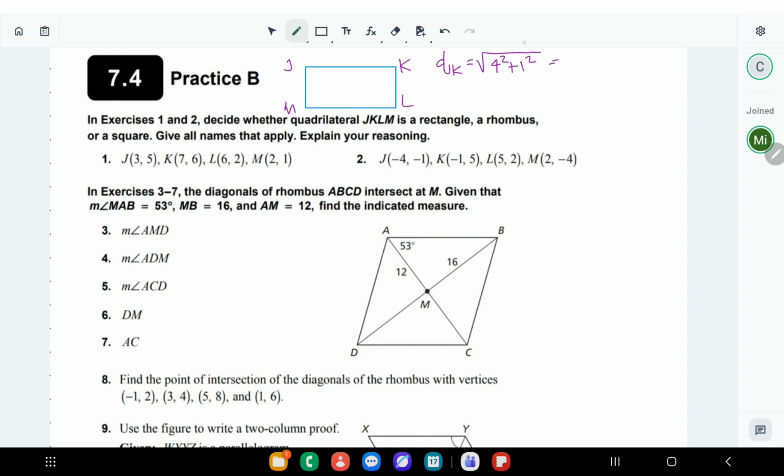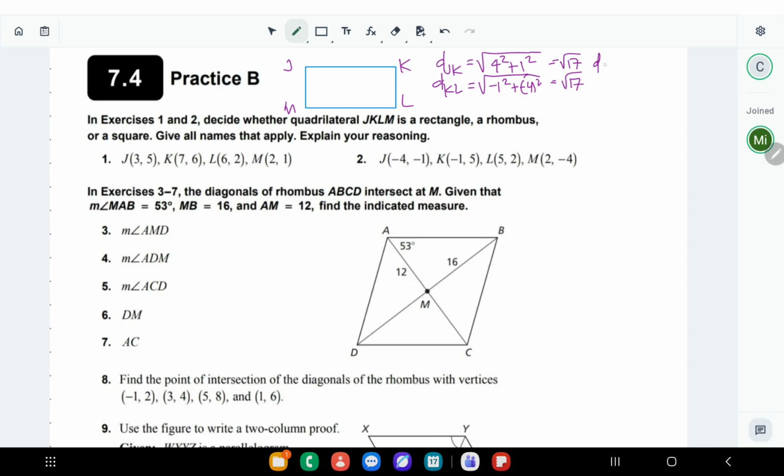So this is 16 plus 1, square root of 17. Then the distance from K to L: 6 minus 7, negative 1 squared, plus 2 minus 6, negative 4 squared. So that is 16 plus 1, square root of 17.